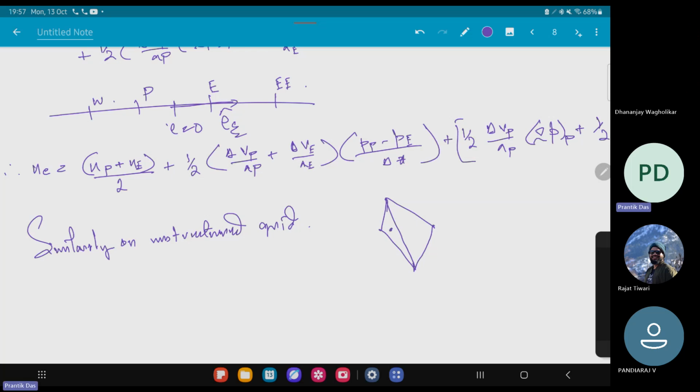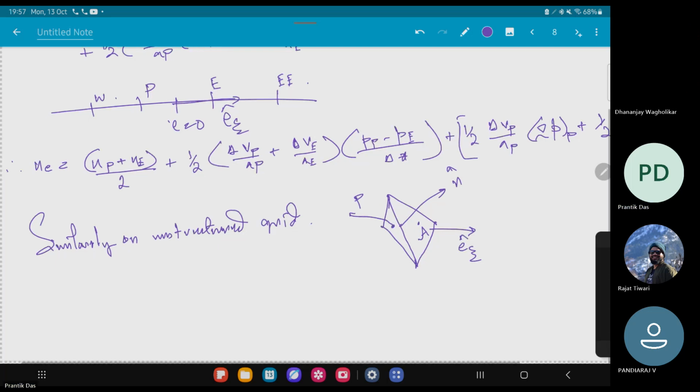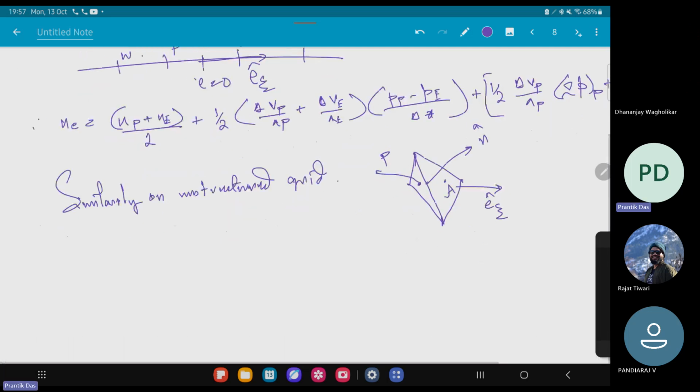This one is capital P, this one is capital E, this one is n cap, and this one is e of zeta cap. So this can be written as at the face, this one is face 1, and delta of zeta is basically your e_E minus e_P.